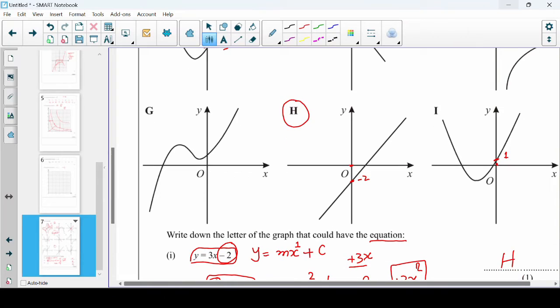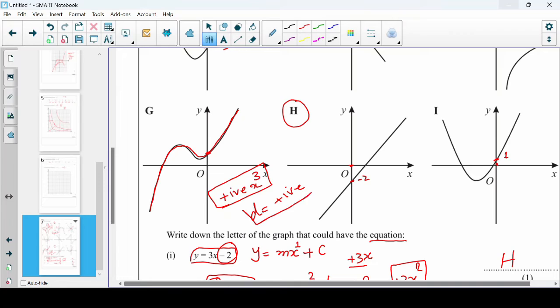If we see here the equation of this line, this is a cubic graph, and it's a positive cubic graph which has a y-intercept of positive 1 or positive 2. So it should have a positive value of x cubed, and the y-intercept d is also positive.